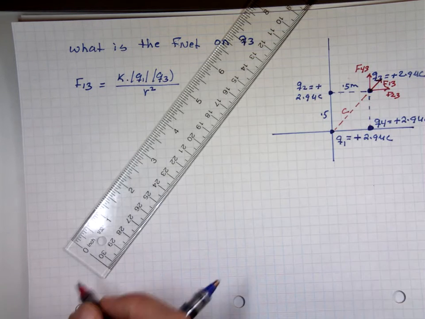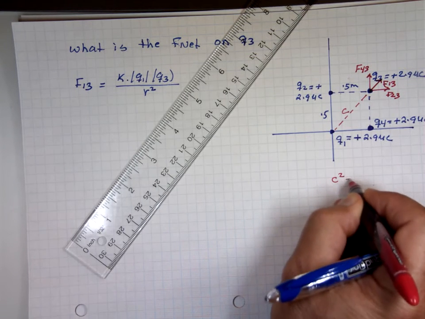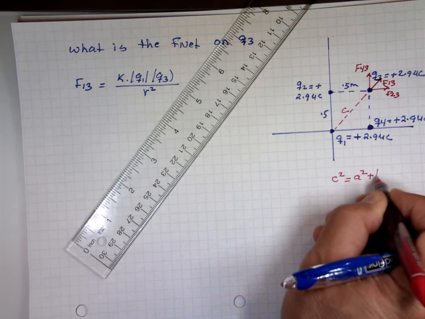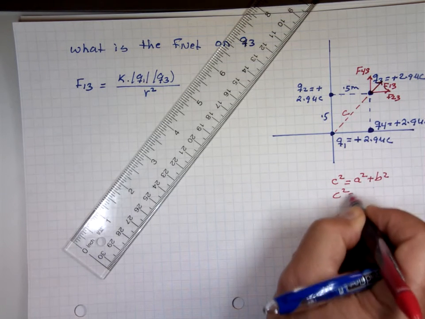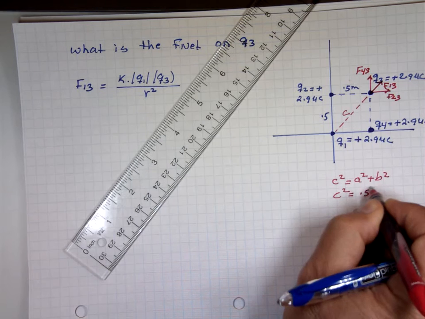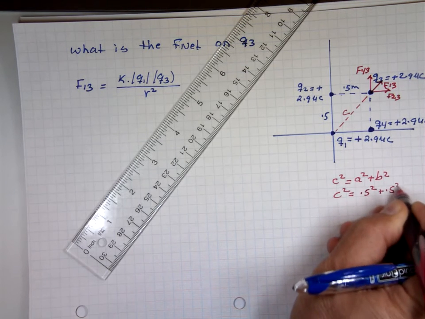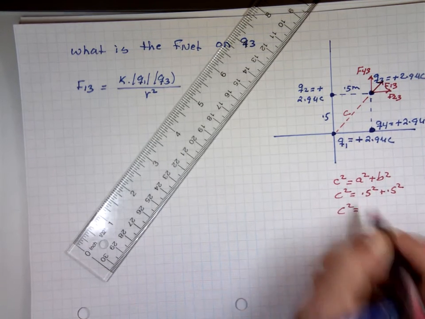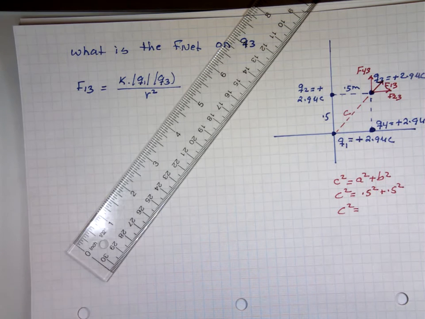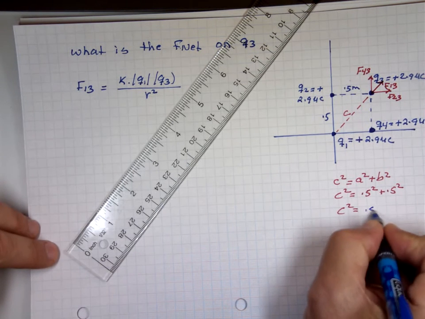Pythagorean theorem, C squared equals what? A squared plus B squared. So what's 0.5 squared plus 0.5 squared? And C is the square root of that number. C squared is 0.5, or C equals 0.707.